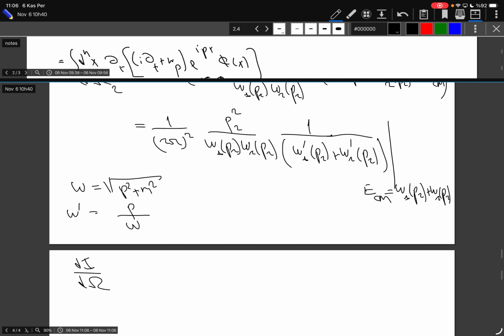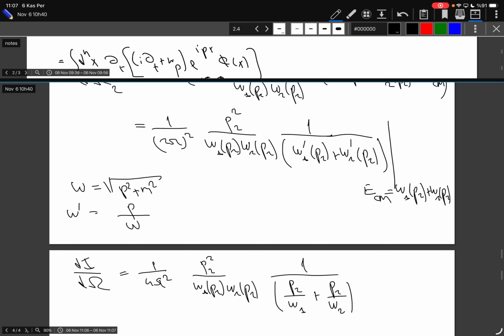This is the so-called differential cross-section, equal to 1 over 4 pi squared P2 squared divided by omega 1 P2 omega 2 P2, times 1 over P2 over omega 1 plus P2 over omega 2.